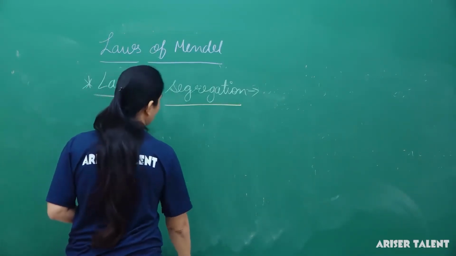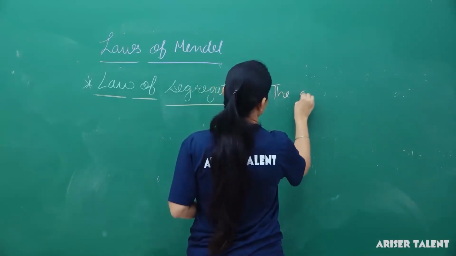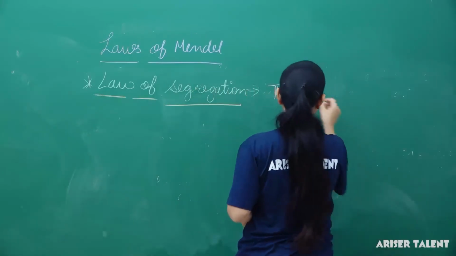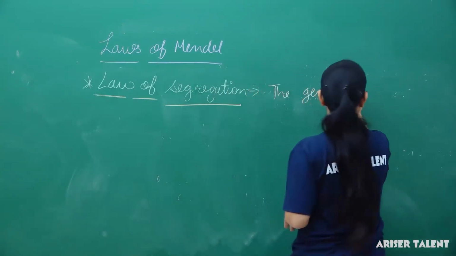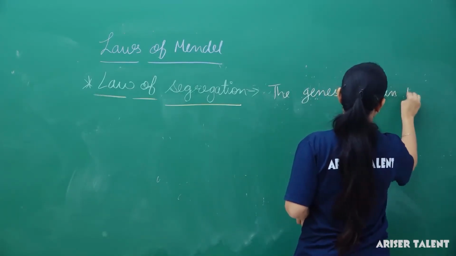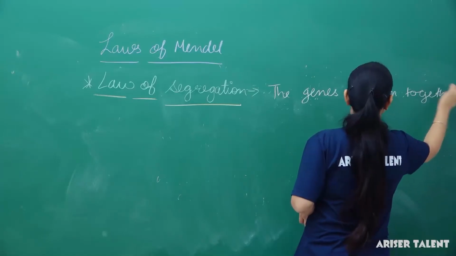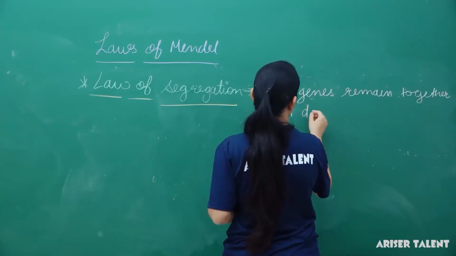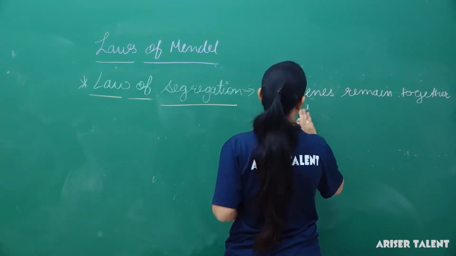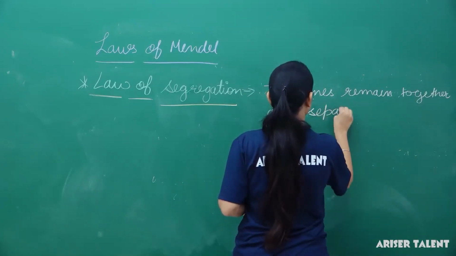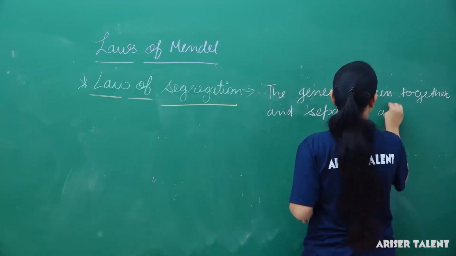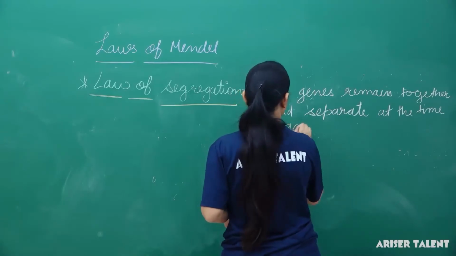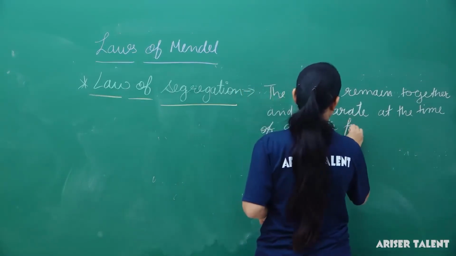Okay, according to this law, the alleles or genes generally remain together and then separate at the time of gamete formation.